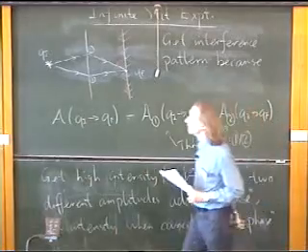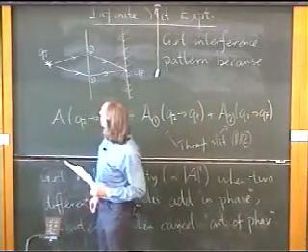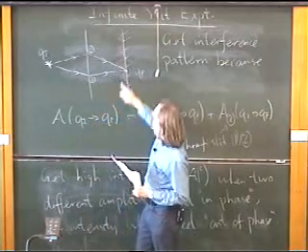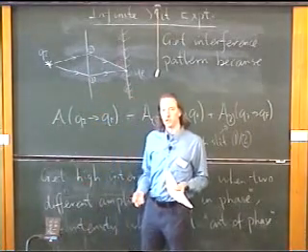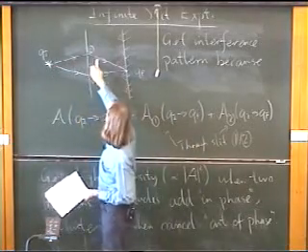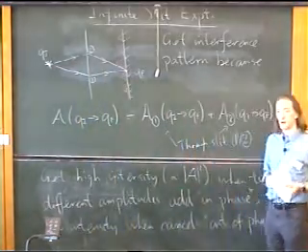So what we're going to do in path integrals, we're going to say, well, actually, we'll think of a particle going from here through this slit to here, and it's got some amplitude, and the particle could also go from here through this slit to here as well, and it's got some amplitude.